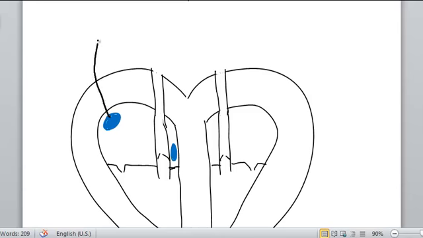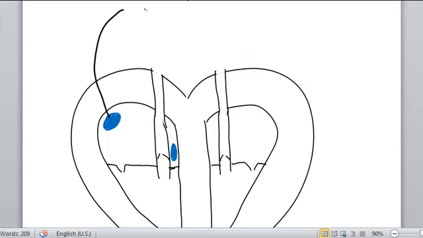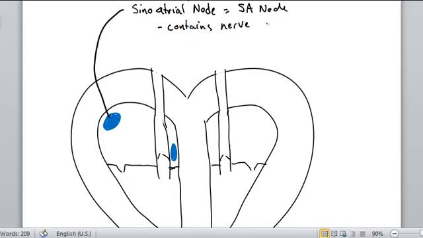So up near the top, you have what's called the sinoatrial node, which is also nicknamed the SA node. And it contains nerve and muscle fibers.